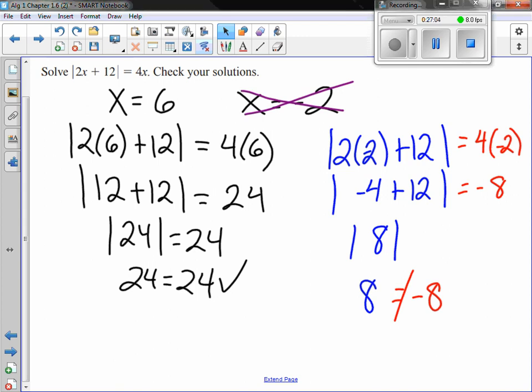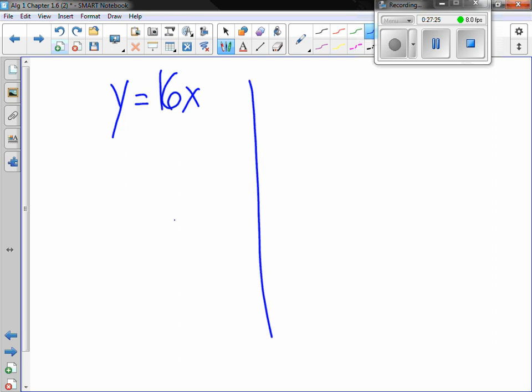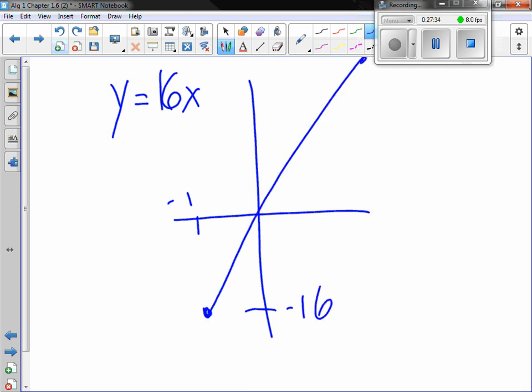And we see these pop up a lot of times in real world application problems. Because y is the amount you make, and if you make $16 an hour, yes? So anything along this line would be the amount you make, yes? So isn't technically negative 16 on that line?